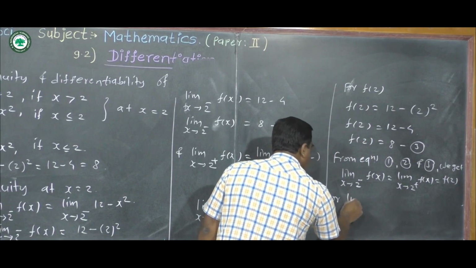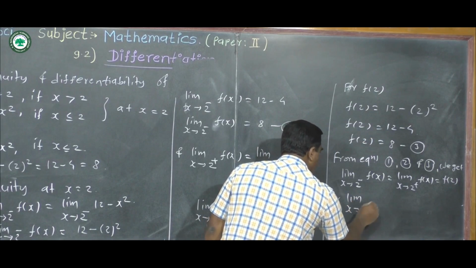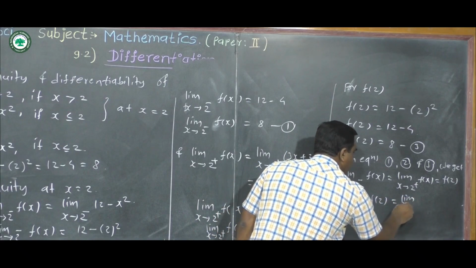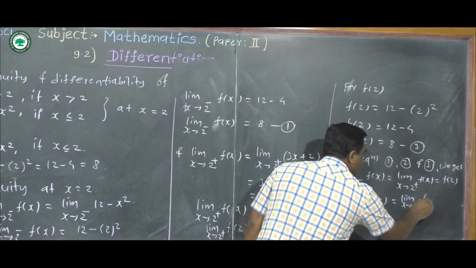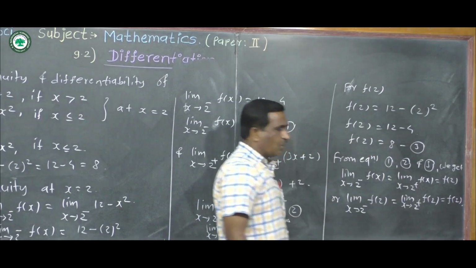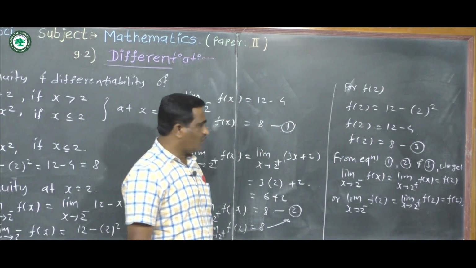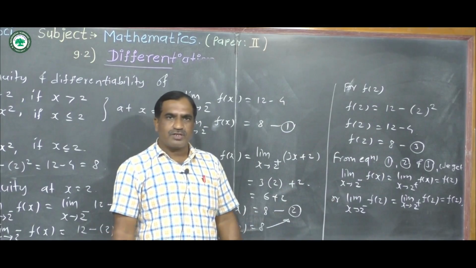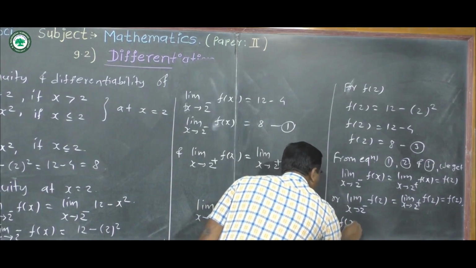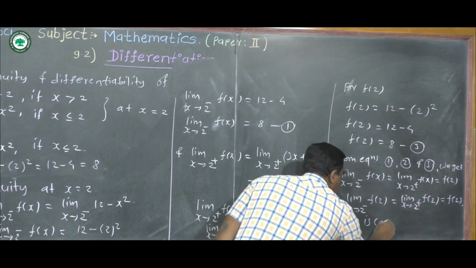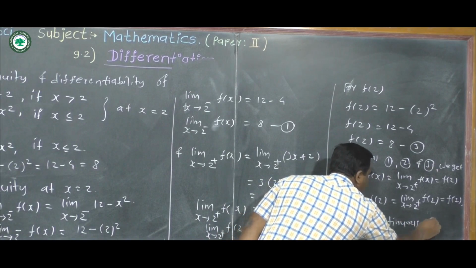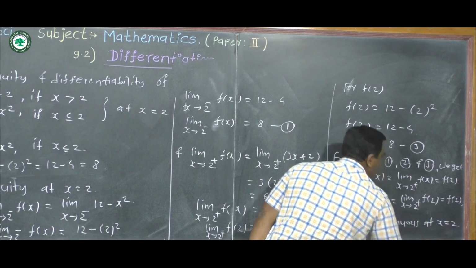All these values are equal to 8. Therefore, the function is continuous at x equal to 2. Therefore, f of x is continuous at x equal to 2.